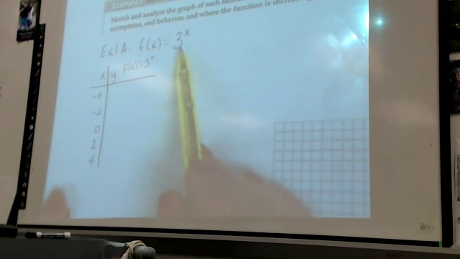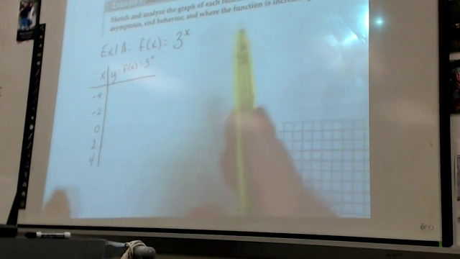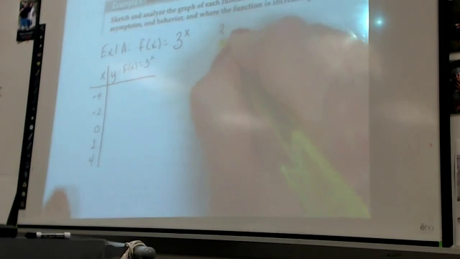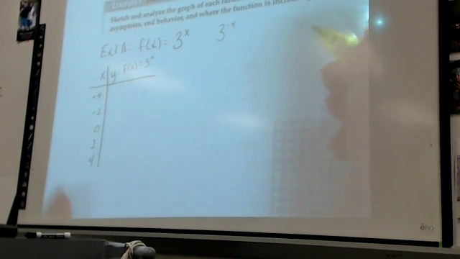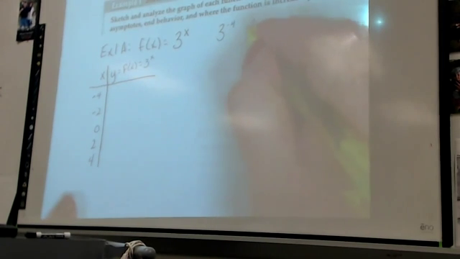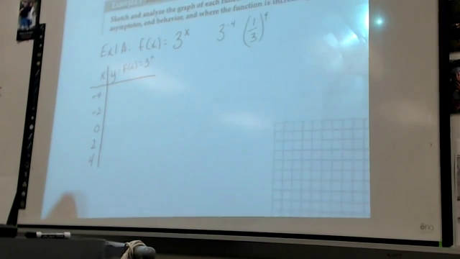Okay, so if I have 3 to the -4th power, 3 to the -4th power is the same as 1 over 3 to the 4th, or you could look at it this way, 1/3 to the 4th power, which would be 1 over 81.